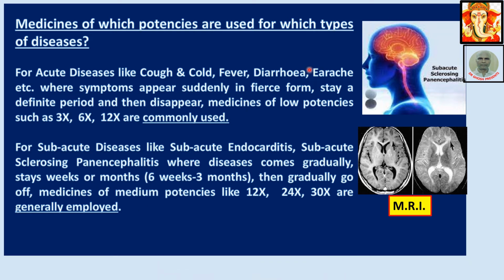The topmost picture is a generalized, diagrammatic picture, not a real one, but this is a real image: magnetic resonance imaging, MRI, of subacute sclerosing panencephalitis. What type of picture is shown here? These are the signs that this particular disease has formed. This one, these white stripes.